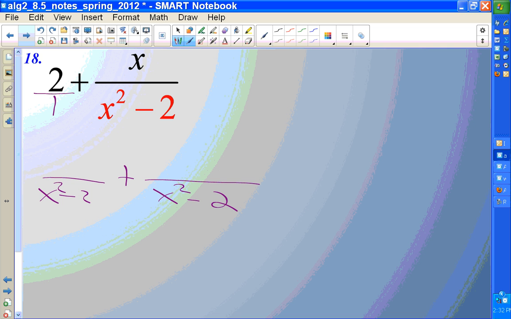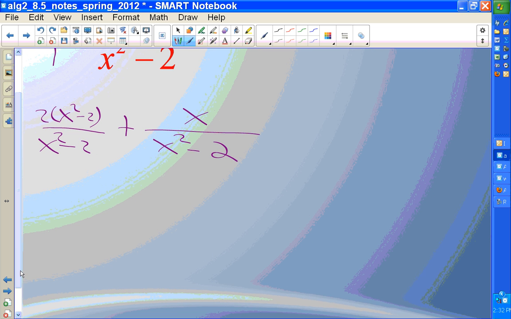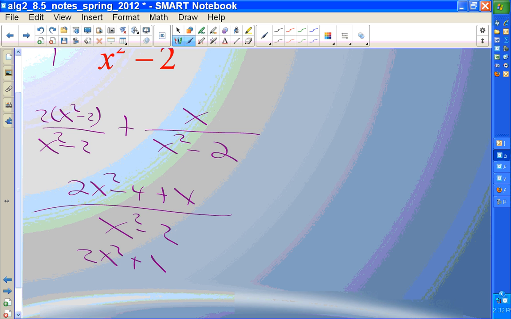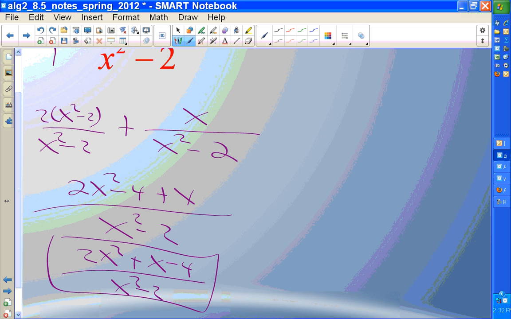And we can't factor that x squared minus 2 because 2 is not a perfect square. So this is going to become 2 times x squared minus 2, and this just stays an x. So we have 2x squared minus 4 plus x over x squared minus 2. 2x squared plus x minus 4 over x squared minus 2. If you have a constant or a monomial term, put it over 1. And then carry on just like every other problem we've looked at.